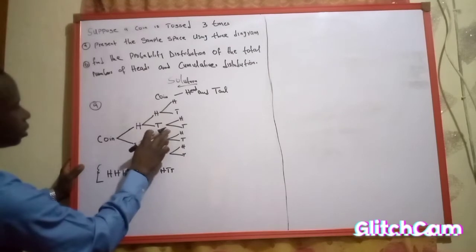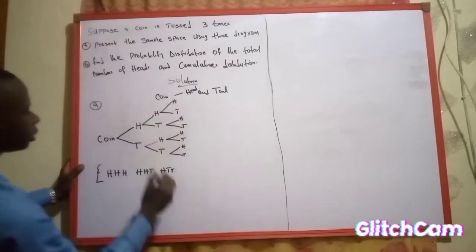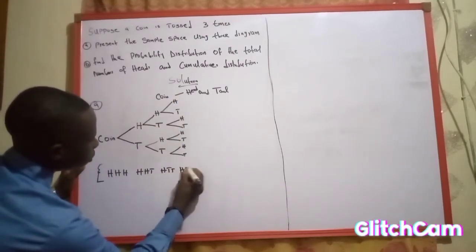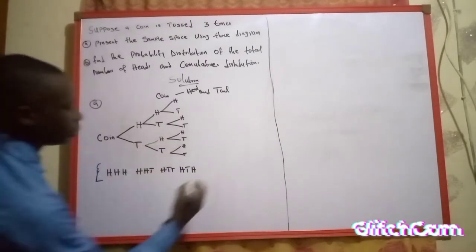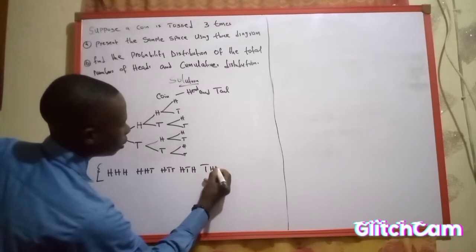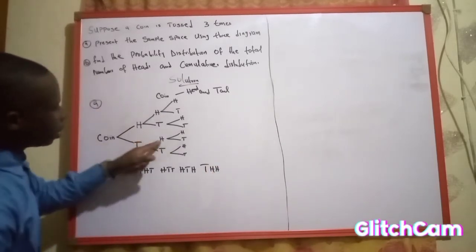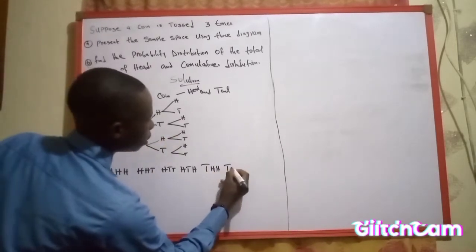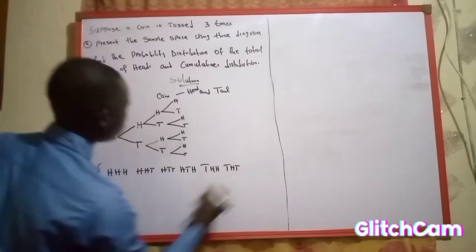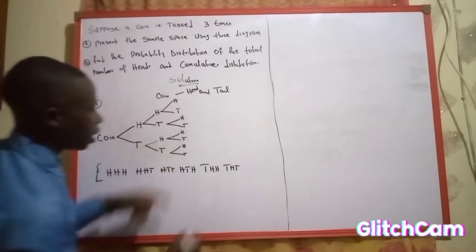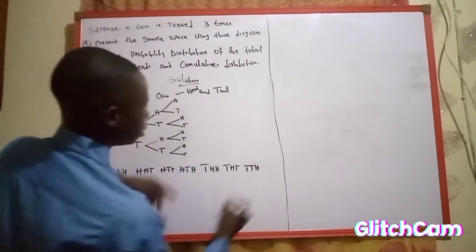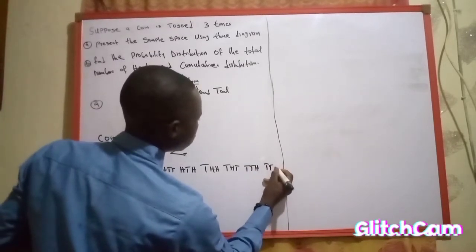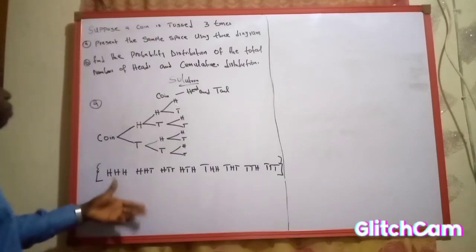Head, tail, head. Head, tail, tail. Then tail, head, head. Tail, head, tail. Tail, tail, head. And tail, tail, tail. This is the possible outcome of this experiment.